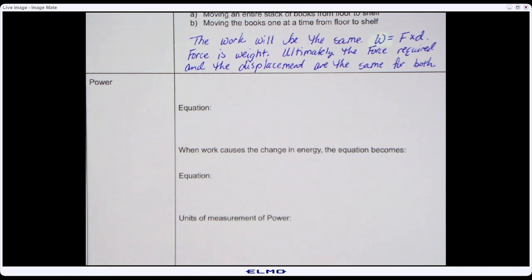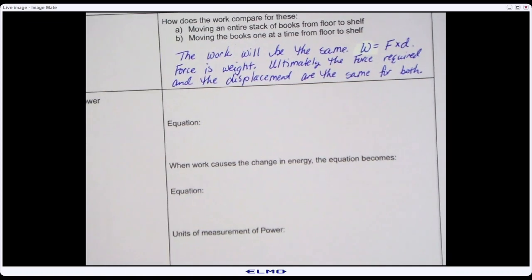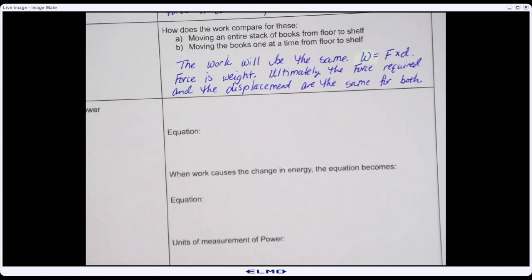All right, so power is the change in energy divided by the time. So it's the change in energy divided by the time that is required for the change.